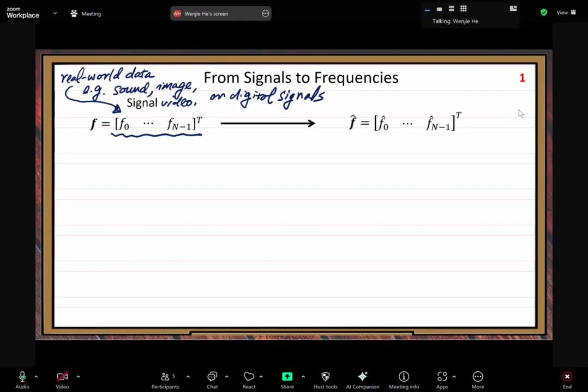Then we apply our discrete Fourier transform.